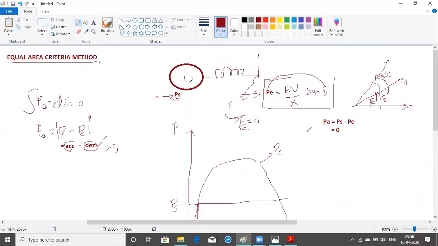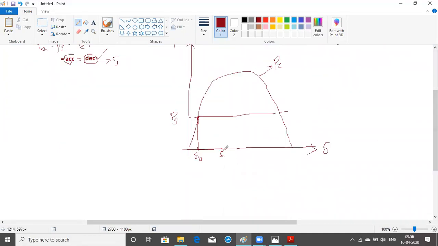But at delta 1, now what happens? The fault has been cleared. Then it will try to move to the point of P, because it is not going to stop at that point.